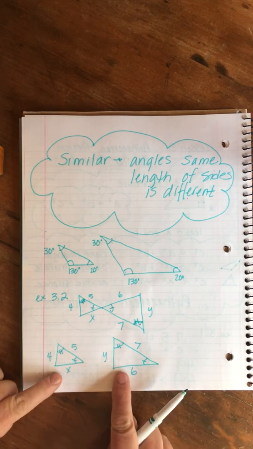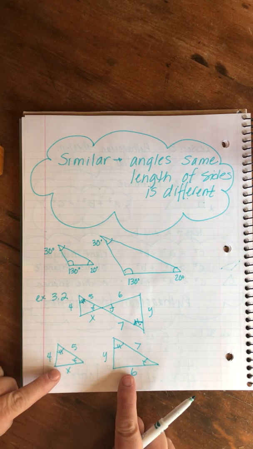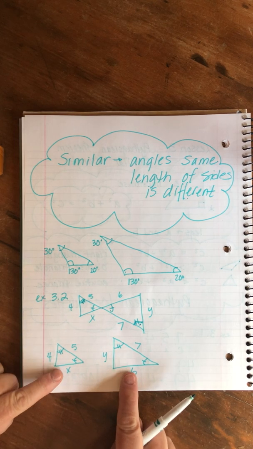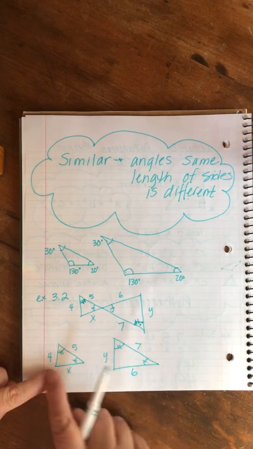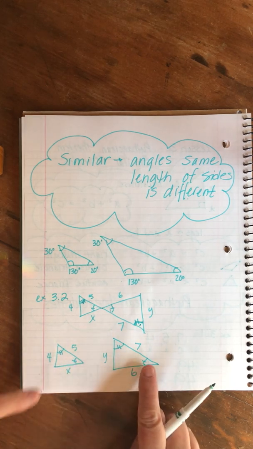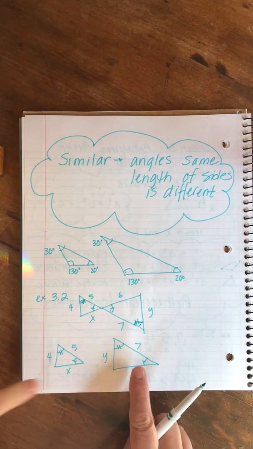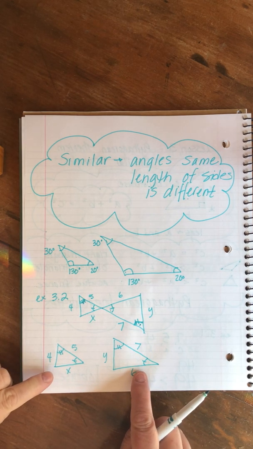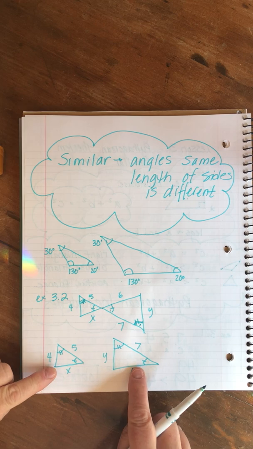This might be the hardest part of the problem, is getting the diagrams oriented properly. All right? Now I've taken this picture and I've turned it into something that I can compare more readily. Right? I can find corresponding sides really easily. The nice thing about similar triangles is that the length of their sides might not be the same, but they are proportional. So we can use proportions to solve.